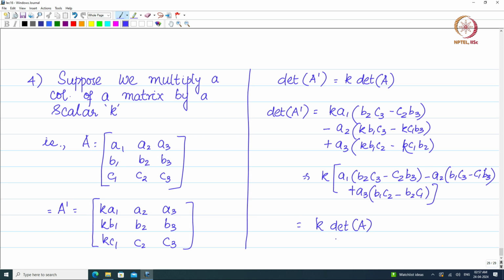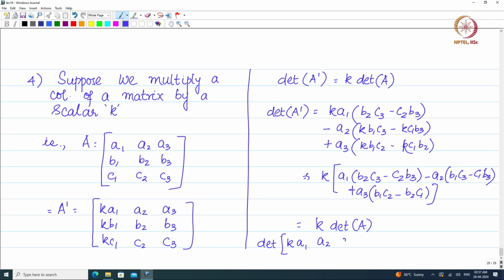So, what does this mean? The determinant of a matrix which is given by some constant times the first column, the second column, and the third column.